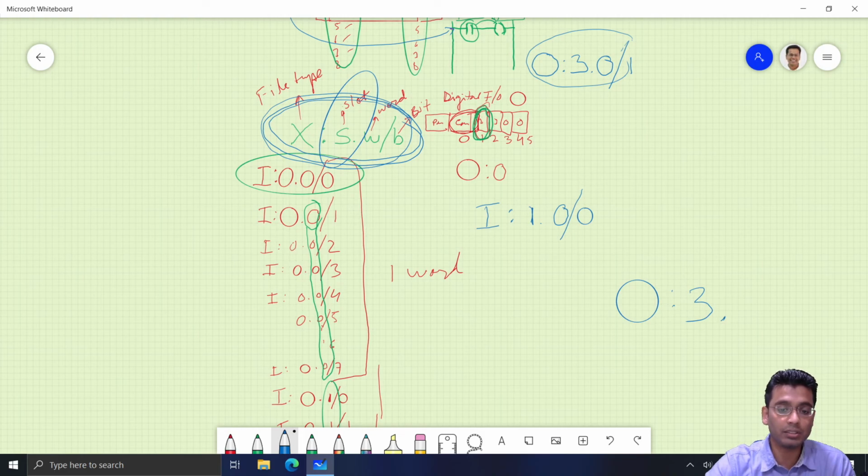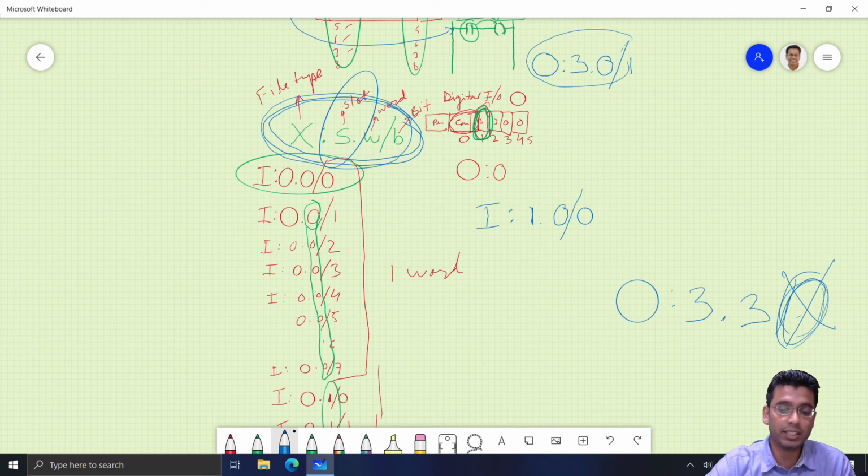What is the word? An analog requires how many? Does it require bits? No, it requires only a word. That means 3.3 would be sufficient. You will not be putting any slash value; the slash portion will not come. The addressing would end here.